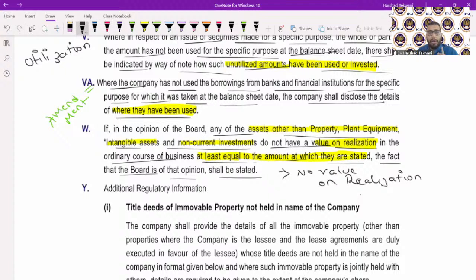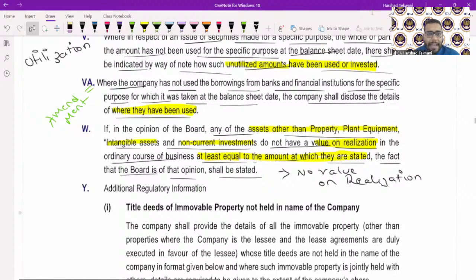Now remember, earlier the terminology that was used for this particular clause was different. The reason is that earlier we were using assets other than property, plant and equipment and non-current investment. Now intangible assets are also added over here.